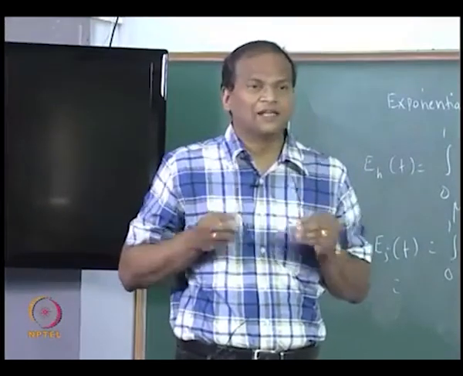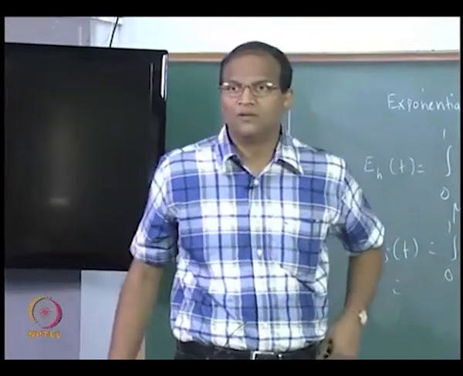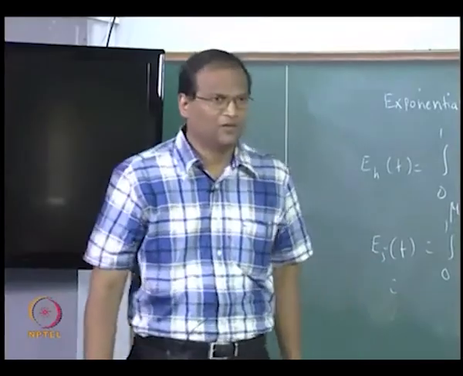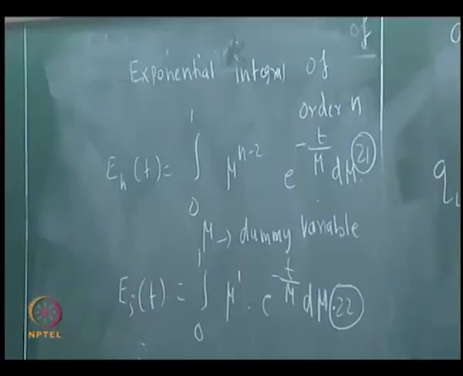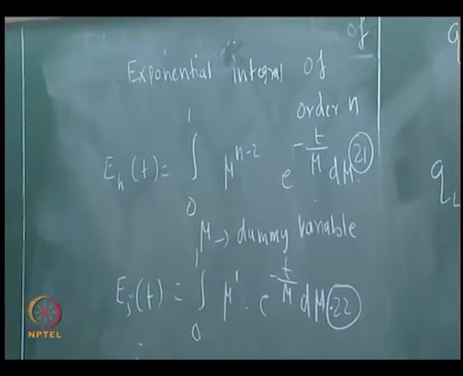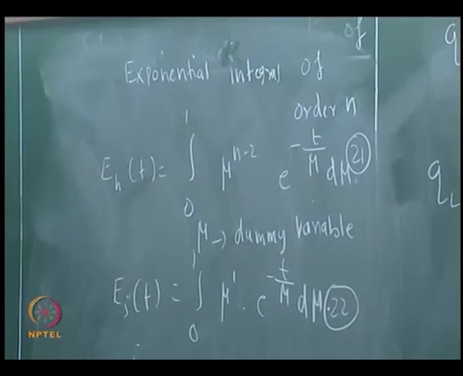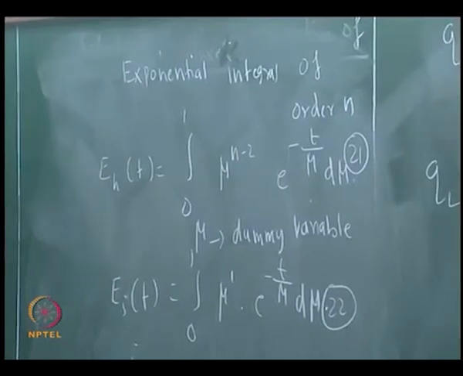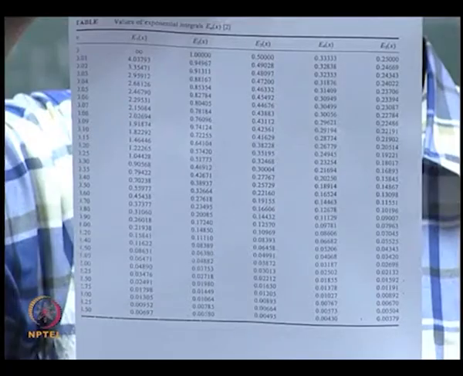The exponential integrals have been worked out and they are tabulated, and I am going to give you the table now. The leftmost number has not come out well, it got cut in the photocopying, but it is alright. You can see the first column gives you the value of x, the second column is E1, third column is E2, E3, E4.